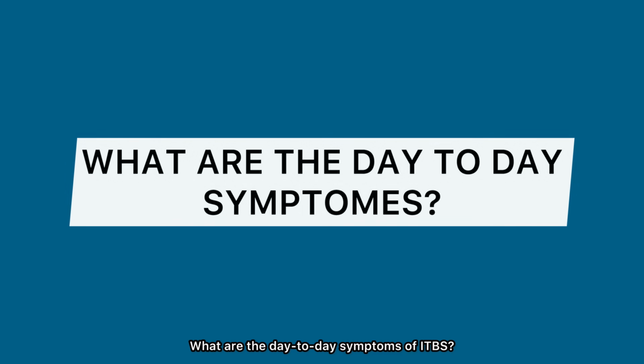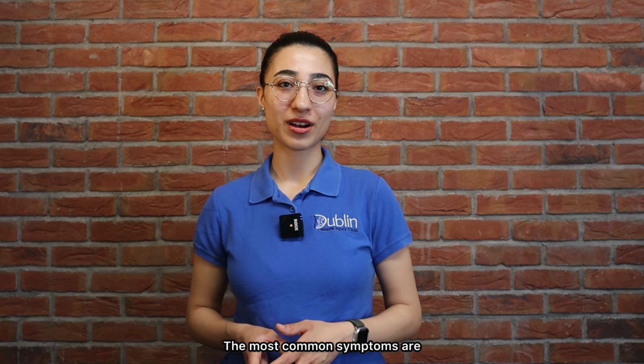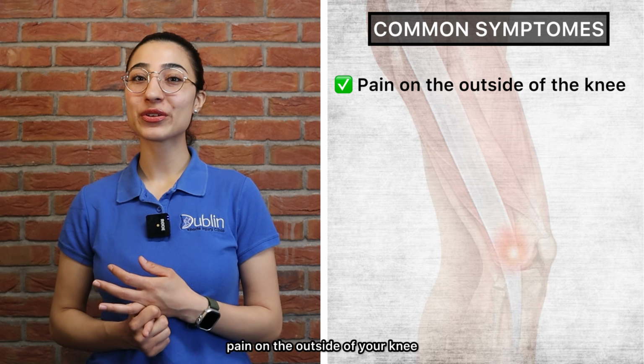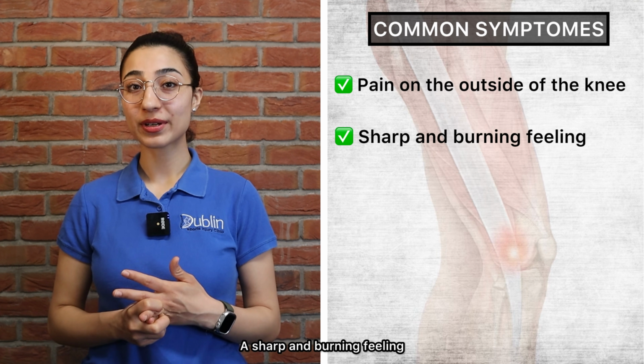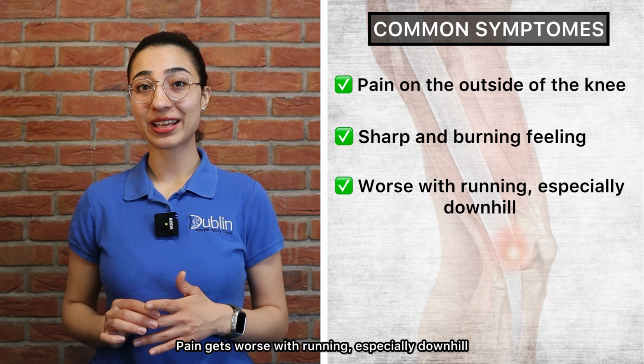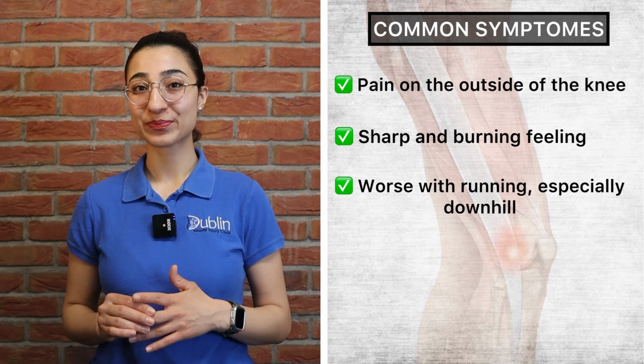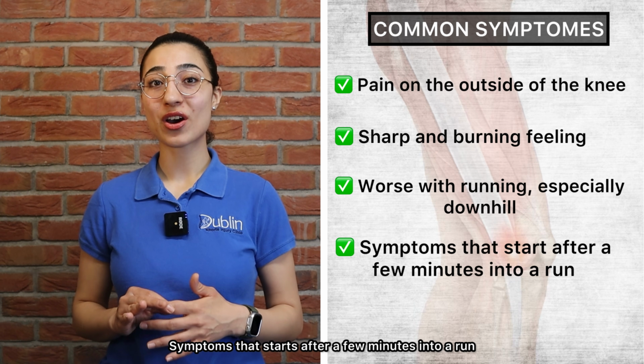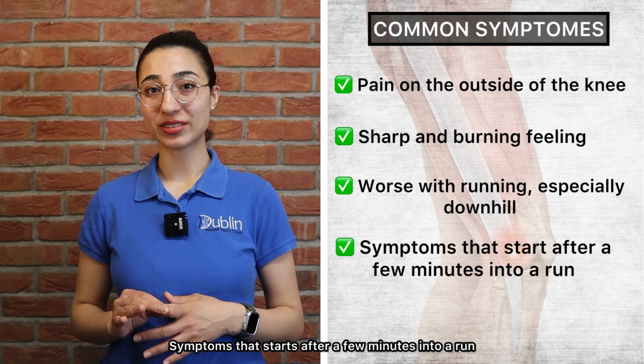What are the day-to-day symptoms of ITBS? The most common symptoms are pain on the outside of your knee, a sharp and burning feeling. Pain gets worse with running, especially downhill. Symptoms that start a few minutes into a run.